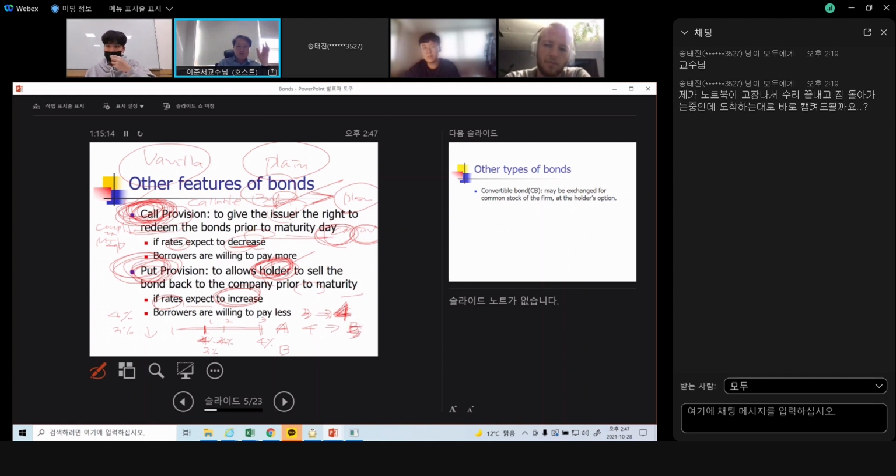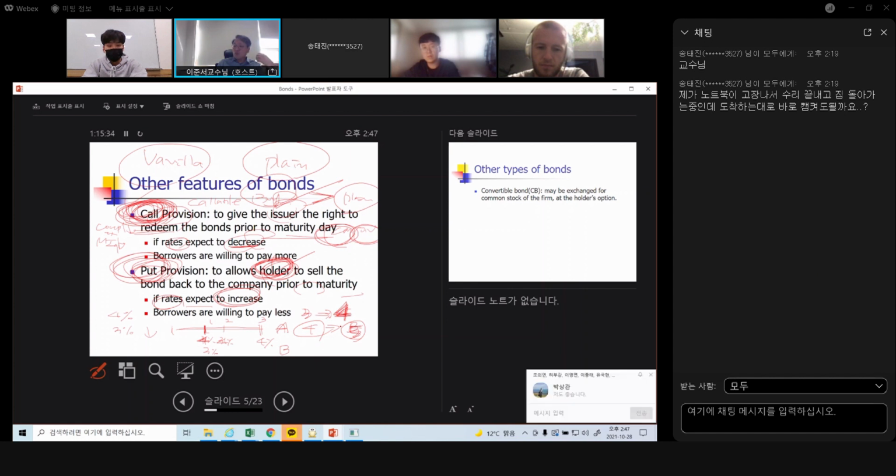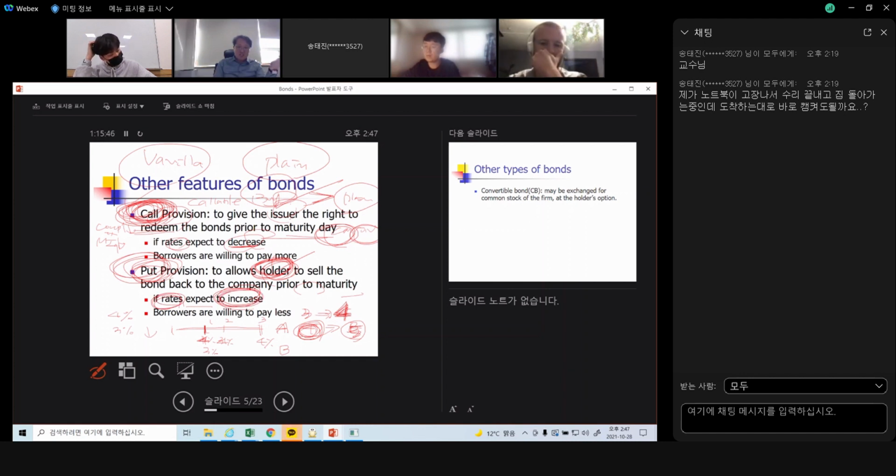Then from the point of the investor, my existing bond only provides a 4% coupon, but if I buy a bond in this market, I can enjoy 5% return. Then I'm willing to redeem. I'm willing to receive the principal before the maturity. So if the interest rate is expected to increase, a puttable bond can be issued.